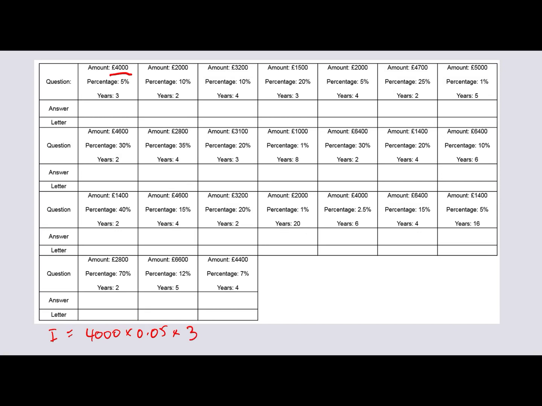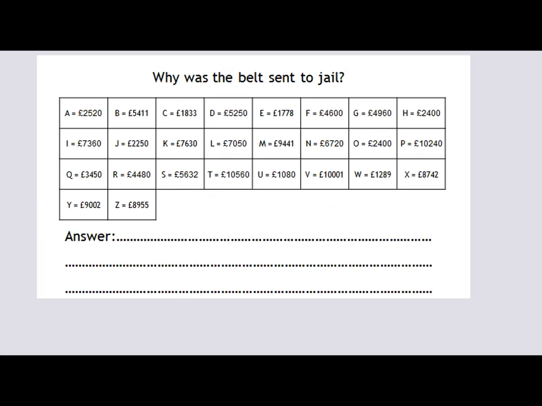So it's 4,000 is the principal, times an interest rate, 0.05, times the number of years. Okay, so 4,000 times 0.05 times 3 equals 600.